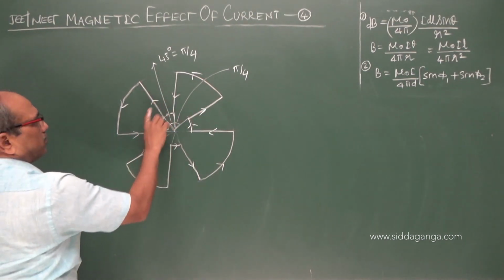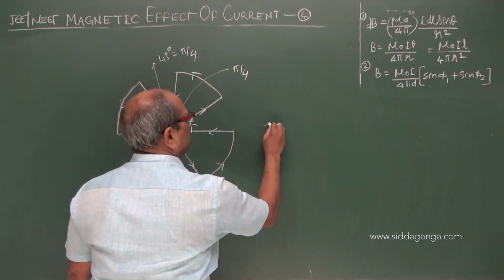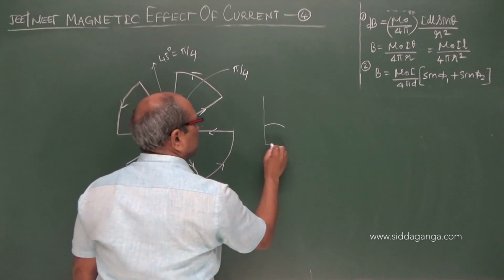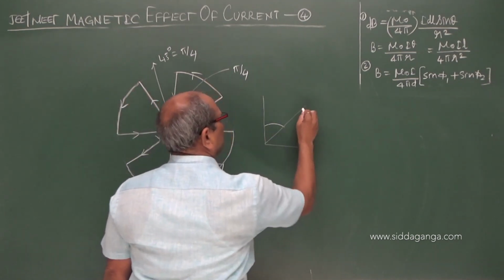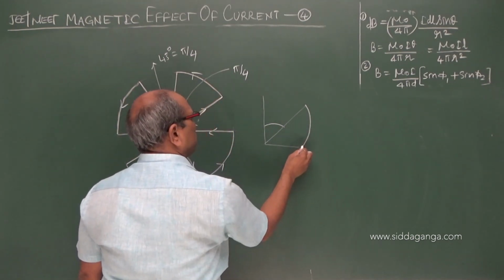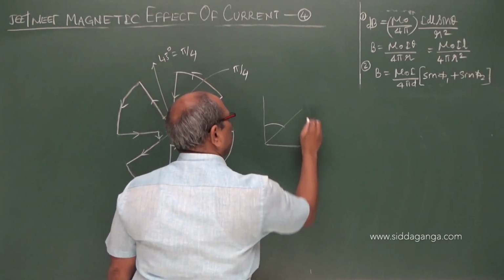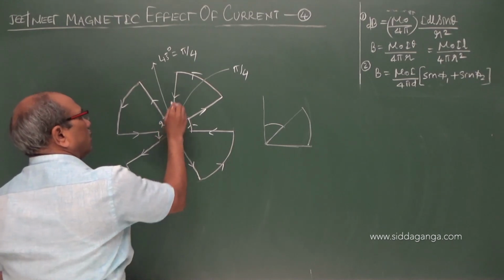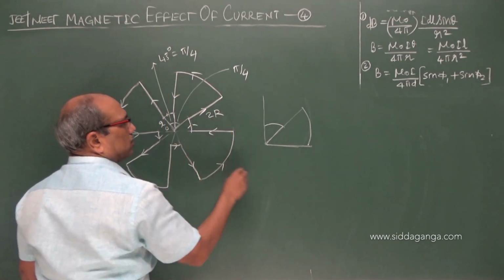So any one part, if I show, this one part is inside, which forms 90 degree, that goes to here, and another part is coming for this. And this radius is r, and another radius is 2r.